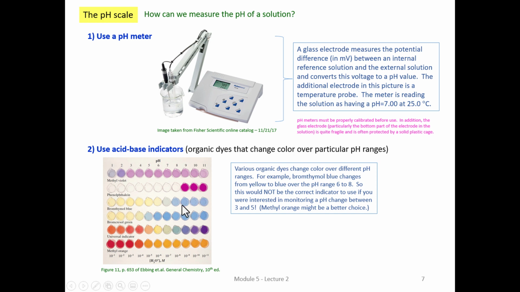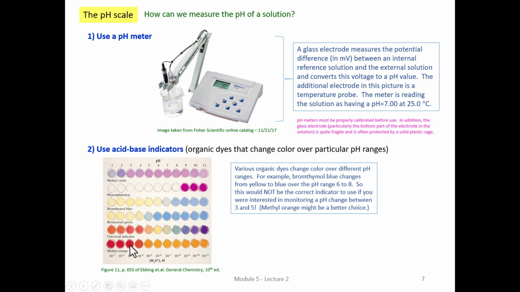So, for example, suppose you were interested in monitoring a pH change between 3 and 5, then bromethymol blue wouldn't be a great choice because it stays yellow between 3 and 5. However, methyl orange down here turns from red to orange over that range, although it might be hard to detect the actual change from red to orange.